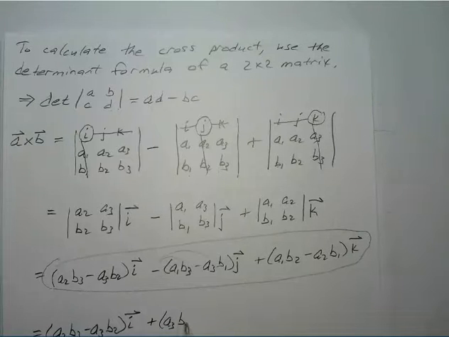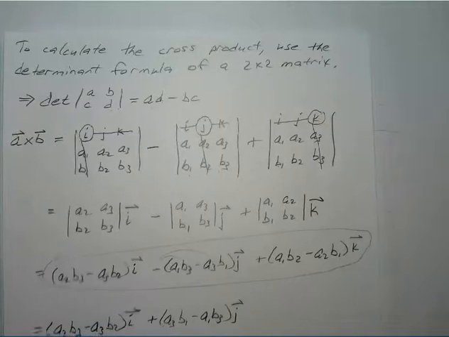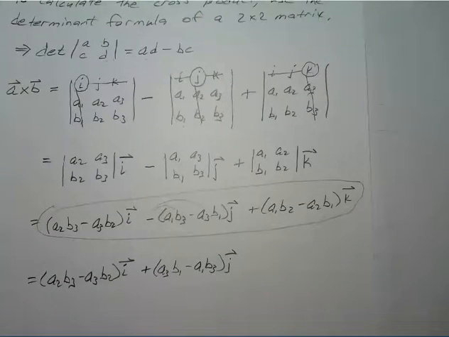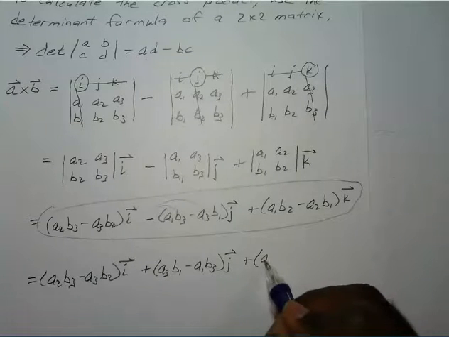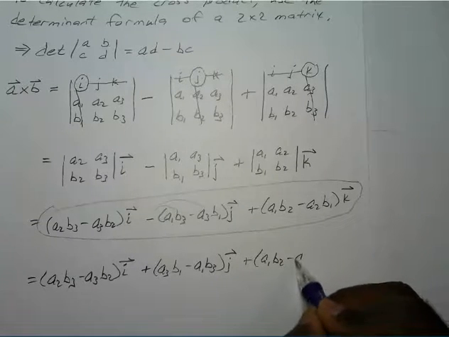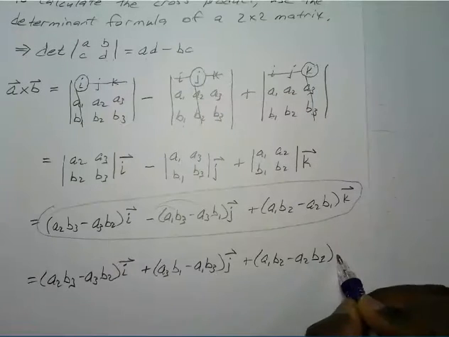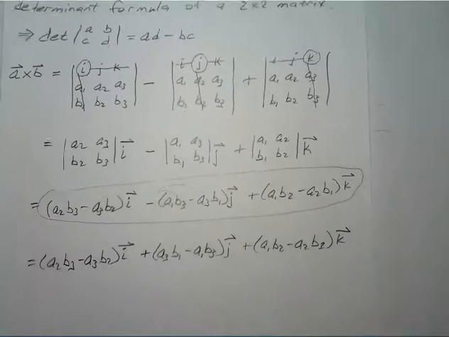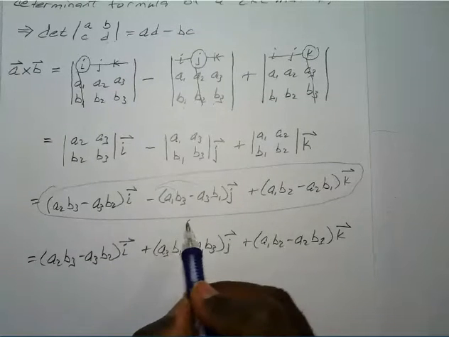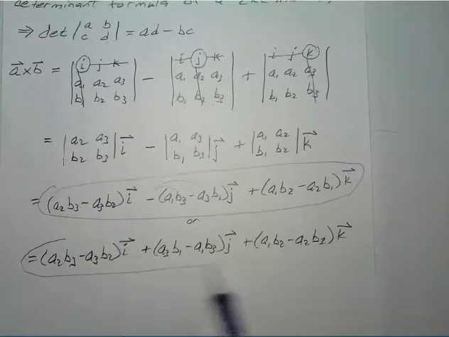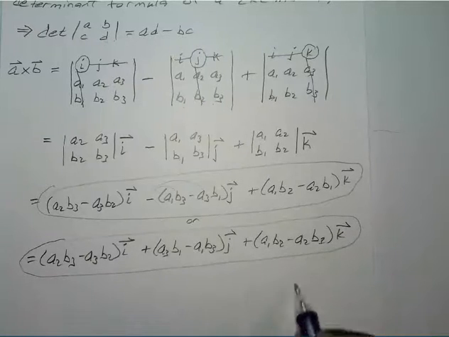So A3B1 minus A1B3 times your J vector plus A1B2 minus A2B1 times your K vector. So you can use either one of these forms of it.